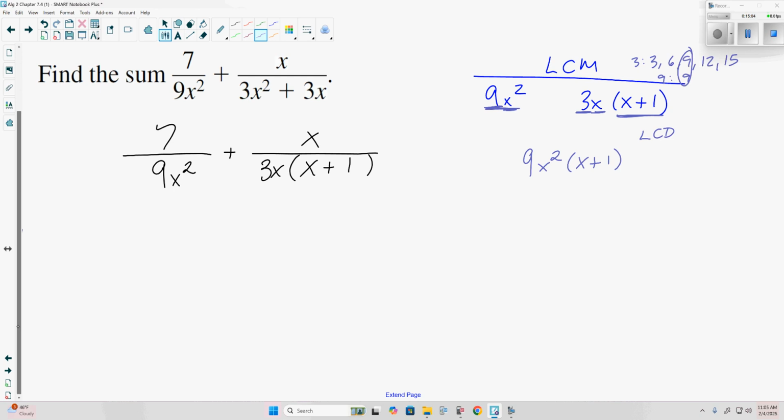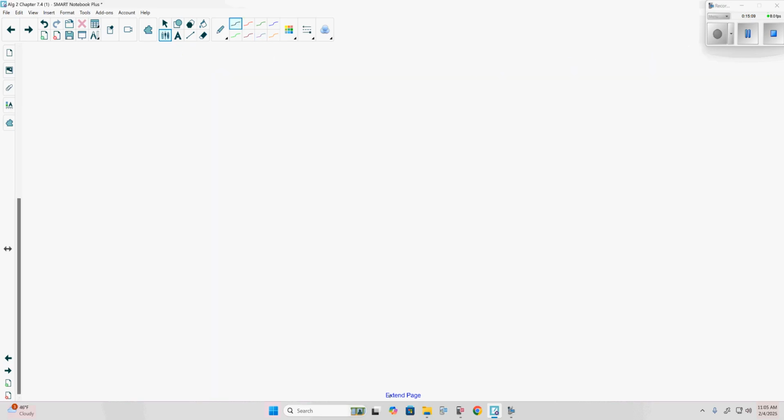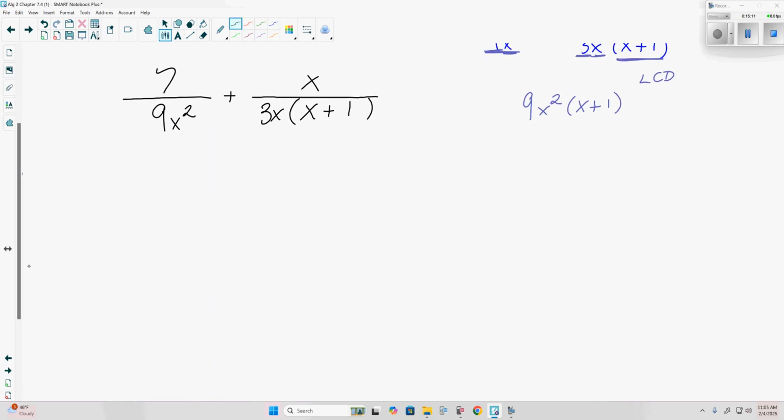Okay. So the goal at this point, send that down, is to go from having just 9x squared to have 9x squared times x plus 1, and to go from 3x times x plus 1 to 9x squared times x plus 1, to get these to be the same.